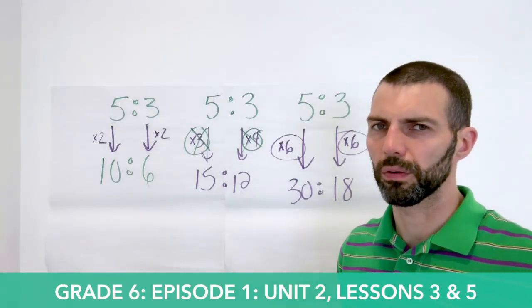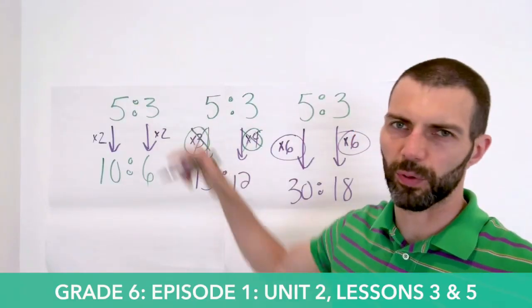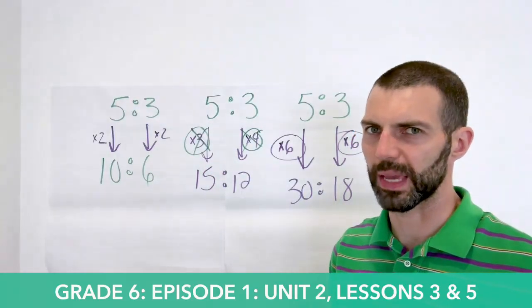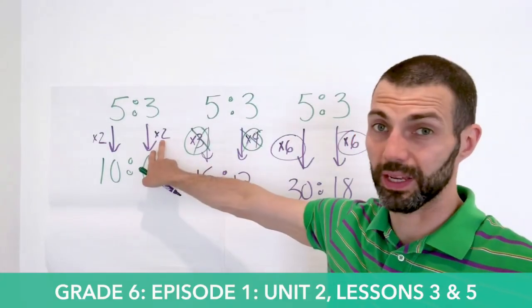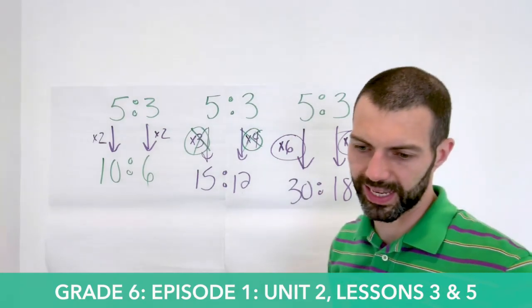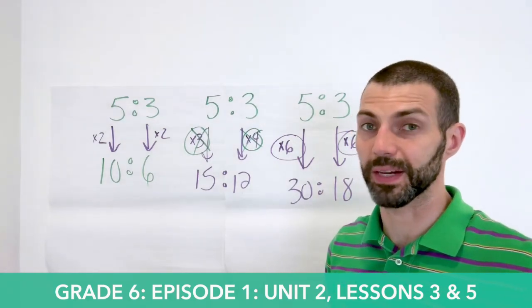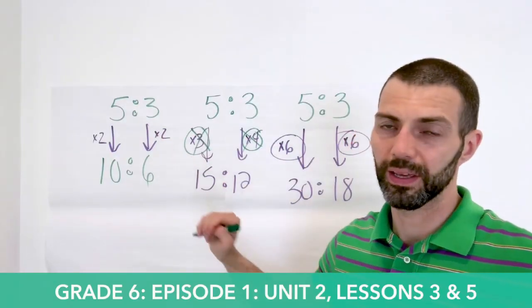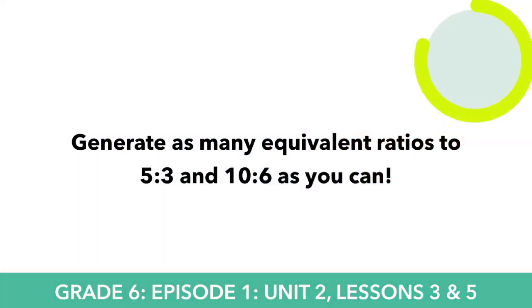So now that we know that in order to create an equivalent ratio, we have to multiply each number by the same factor, as we did here and as we did here. I want you to take the next 30 seconds to come up with as many equivalent ratios to 5 to 3 and 10 to 6 as you possibly can.